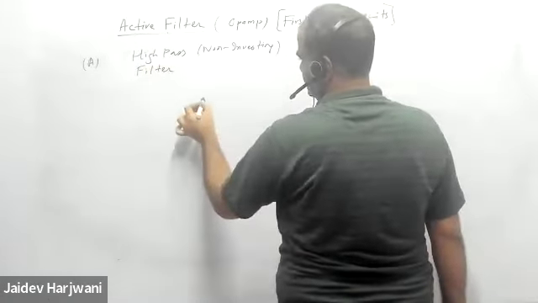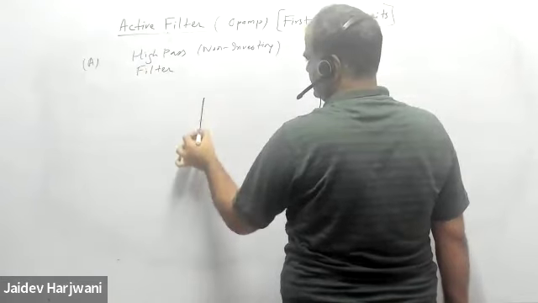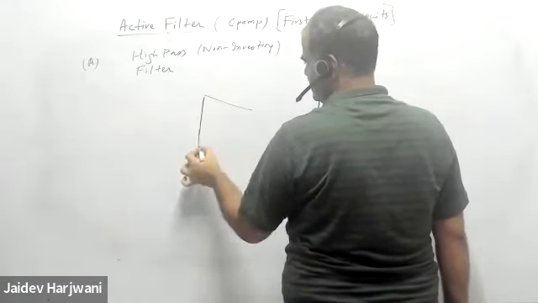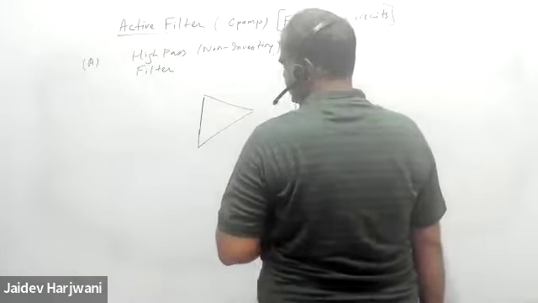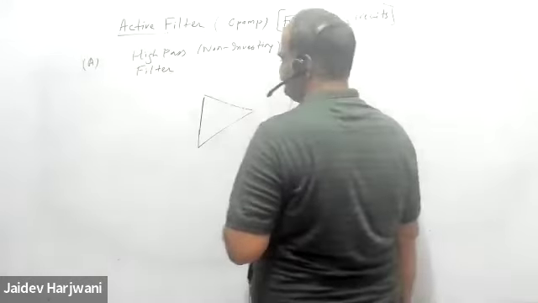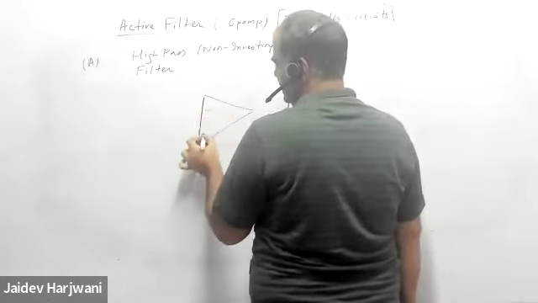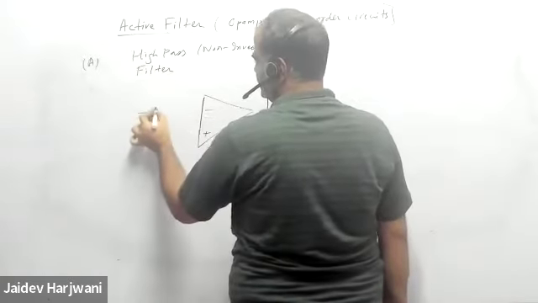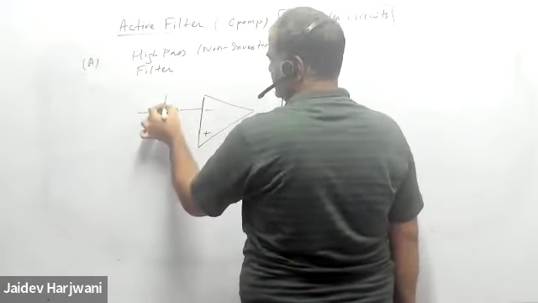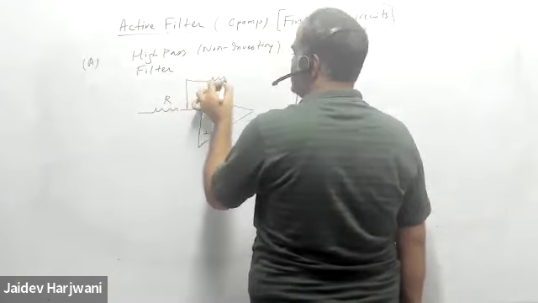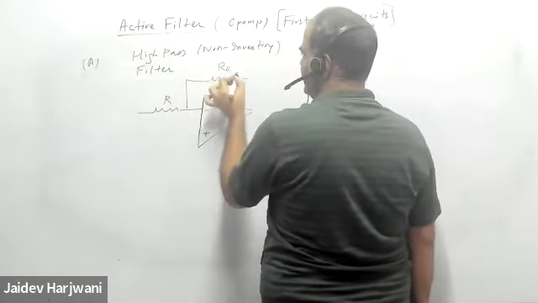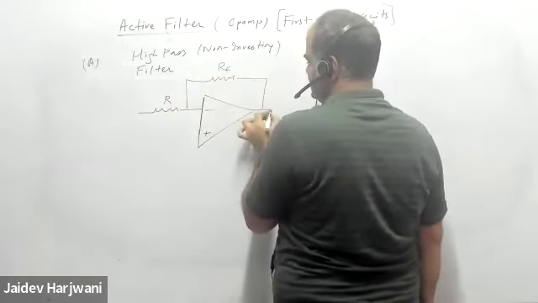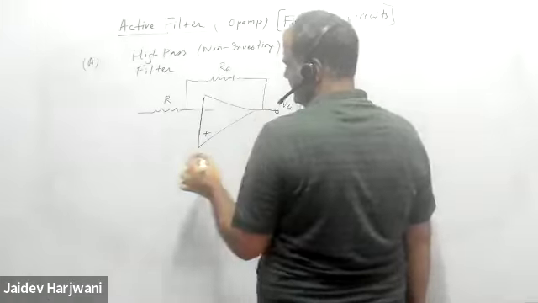High pass filter means I am taking a non-inverting configuration. This is my R. This is my RF. Here I am taking V naught.